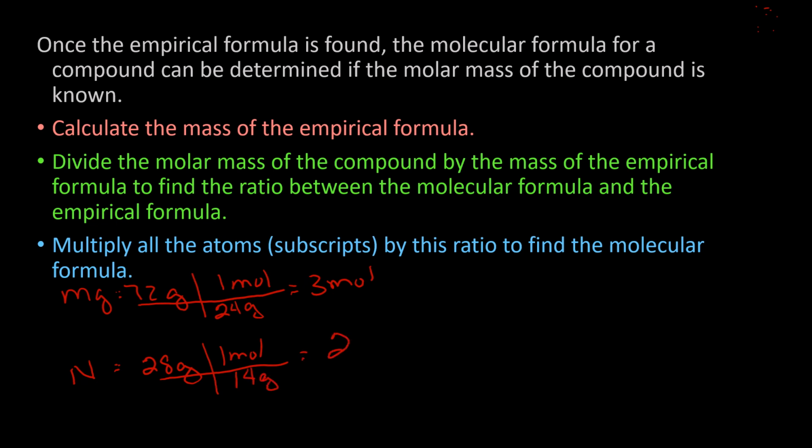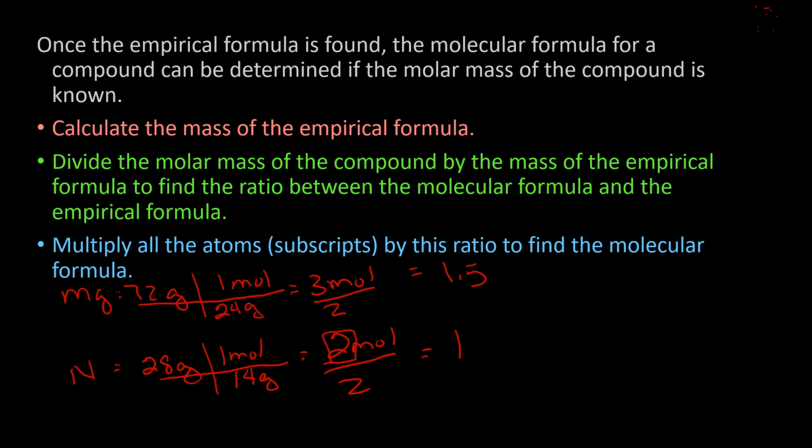This is 2 moles. So the next step is that we divide both by the smallest, so 2 is the smallest. Divided by 2, this equals 1, and this one equals 1.5. So that is not close to being able to round.